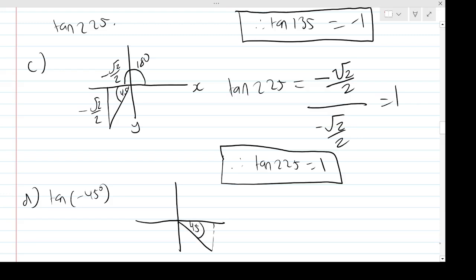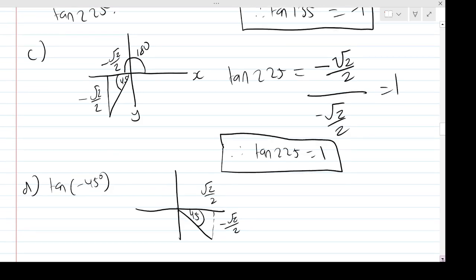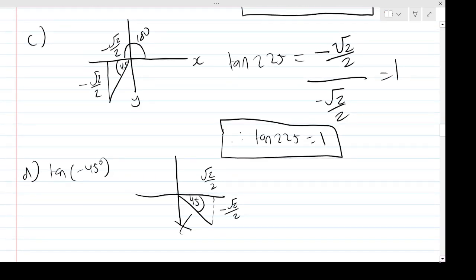So again, we can construct a triangle where the x component, the x-coordinate over here, is going to be root 2 over 2. That'd be positive because it's on the positive x-axis, but the y-coordinate would be negative root 2 over 2 downwards, because it's on the negative y-axis, right?